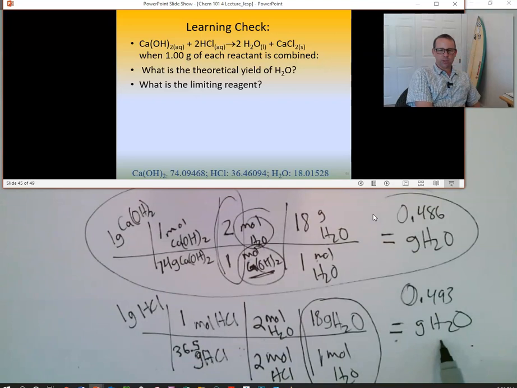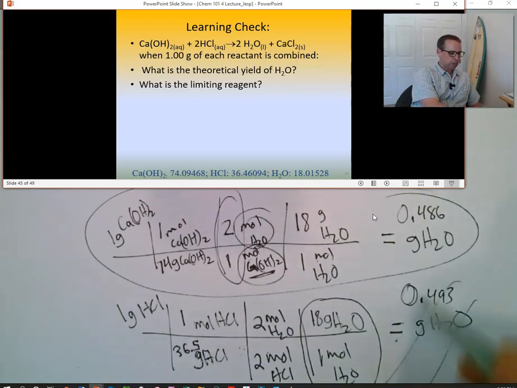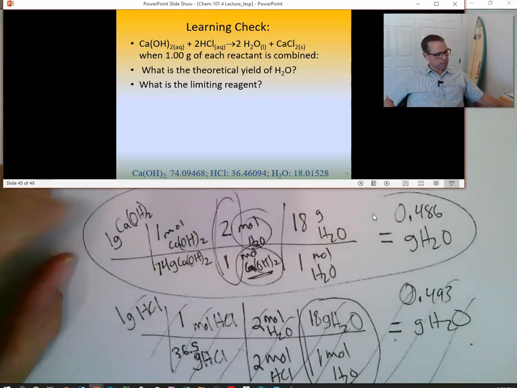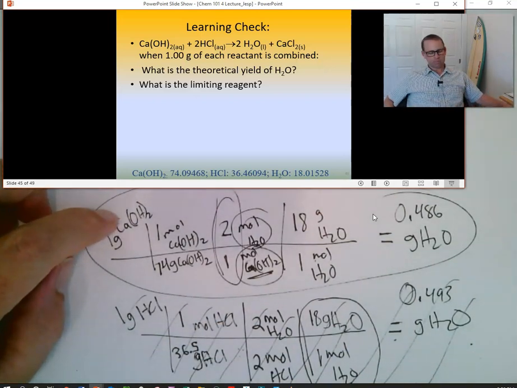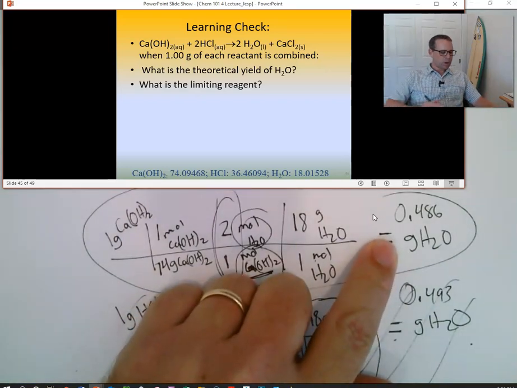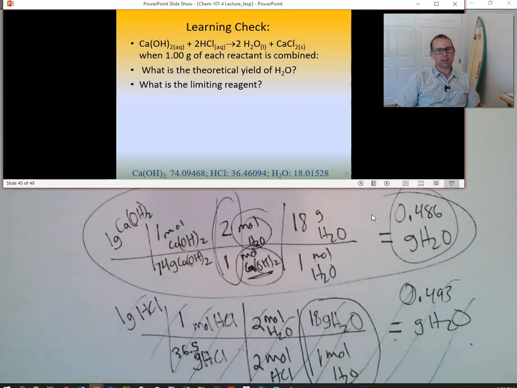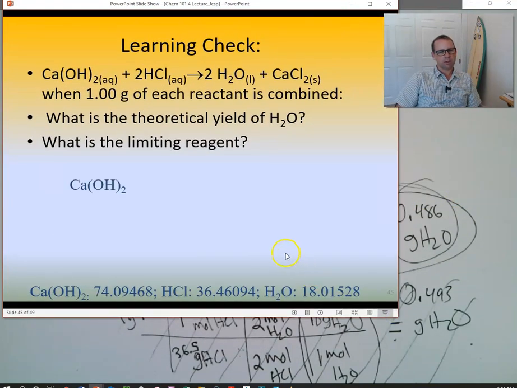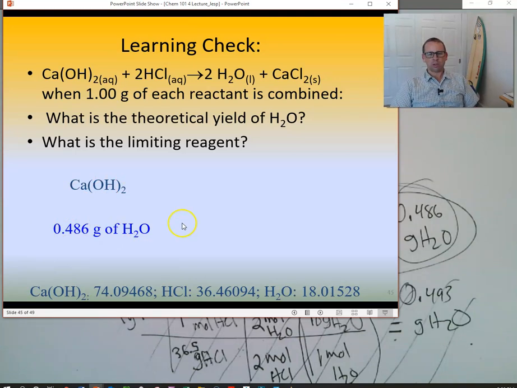Can we get 0.493 grams of water? No, we can't. We're going to run out of calcium hydroxide. So what do we call this? The theoretical yield. So calcium hydroxide is our limiting reagent, and 0.486 grams of water is our theoretical yield. Fabulous job. The limiting reagent scenario required us to do it twice, right?